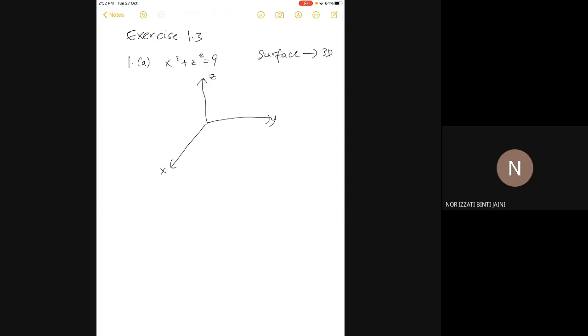So that specific surface will be along y-axis. So dia akan ada bulatan sepanjang y. Sebab tu dia akan dapat silinder. Okay, so ini bulatan ni actually yang kalau dalam 2D awak sketch 2D X dengan Z lah, aku dapat bulatan je. Apa 9 tu? 9 tu adalah the radius.